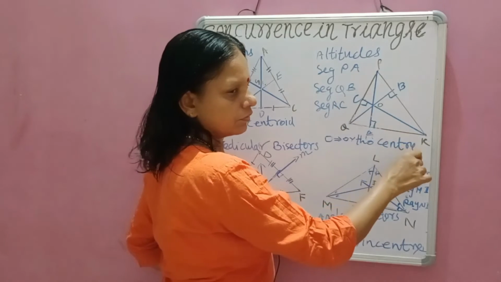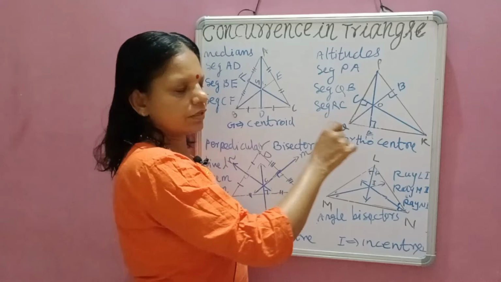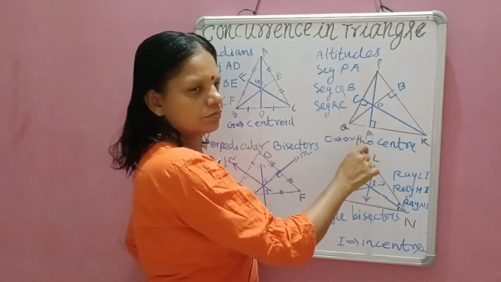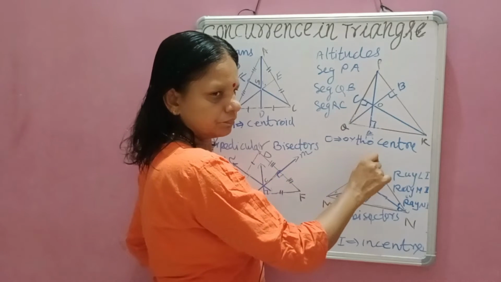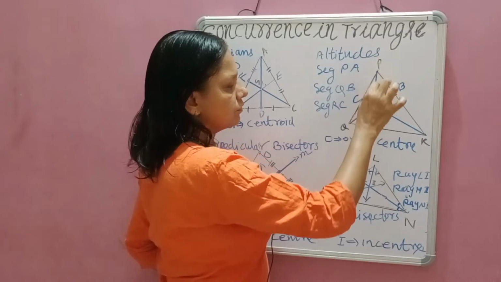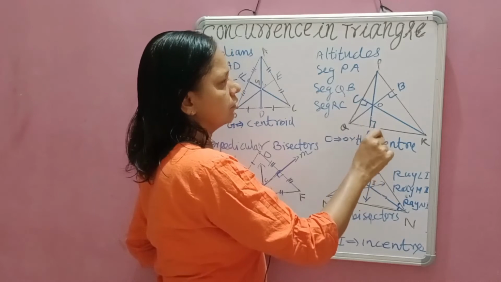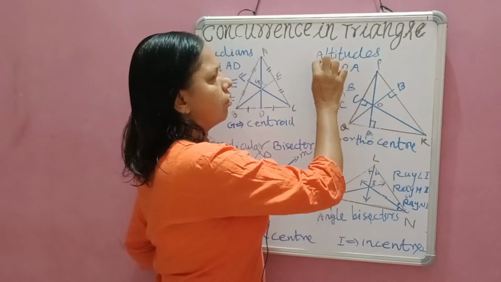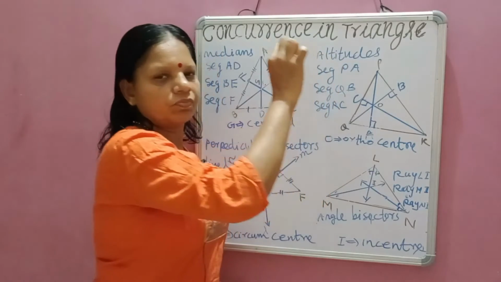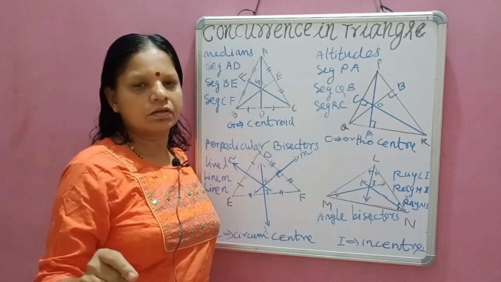Three segments. So here, what does this mark represent? It is 90 degrees, or perpendicular. The perpendicular drawn from a vertex to the opposite side. These segments are named altitudes.